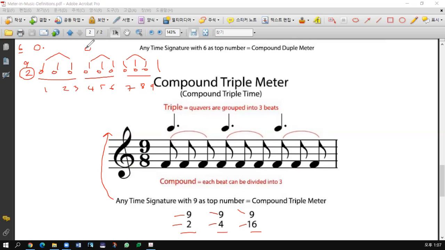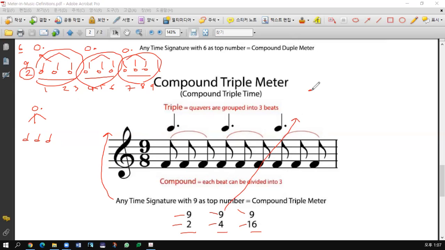So these 3 half notes, their value is equal to a dotted whole note. And a dotted whole note can be divided into three what? 3 half notes, right? So this is compound, and this one can be grouped into 3 bits. So this is triple.